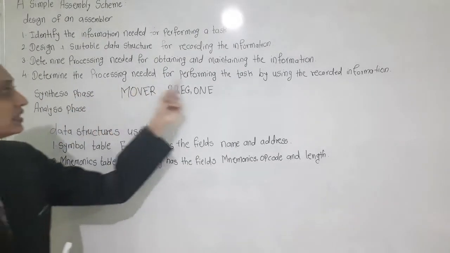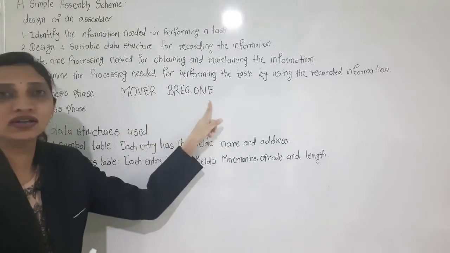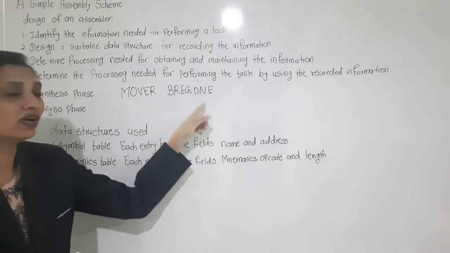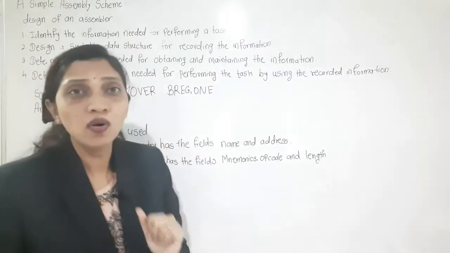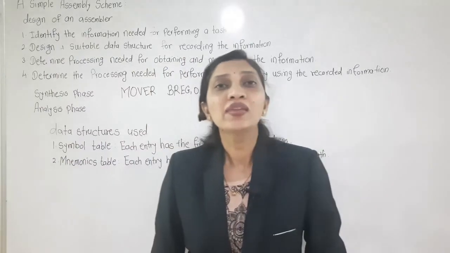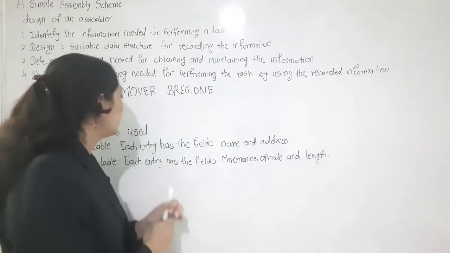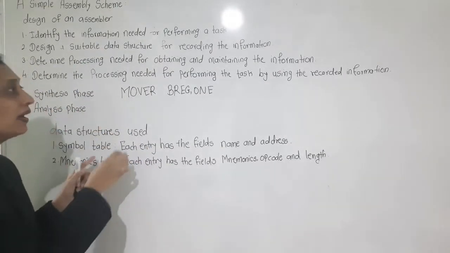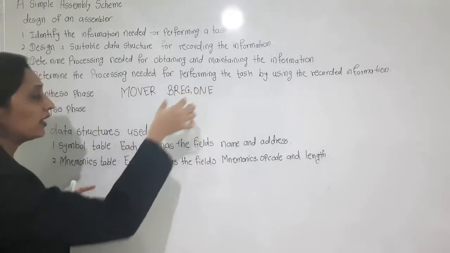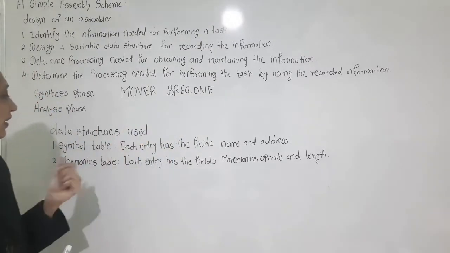Now what is meant by symbol table? See, when we are considering this statement, MOVER BREG, ONE, here ONE is a symbol. So when such a symbol appears in the program, at that time what does the assembler do? It will create one symbol table and in that table an entry for each symbolic name is made.